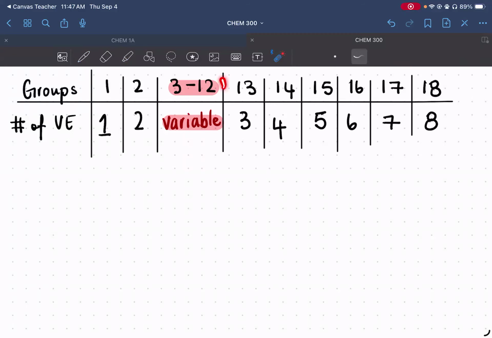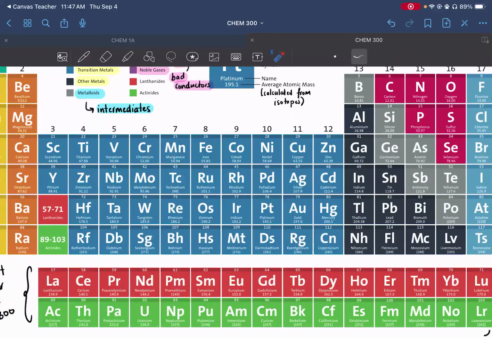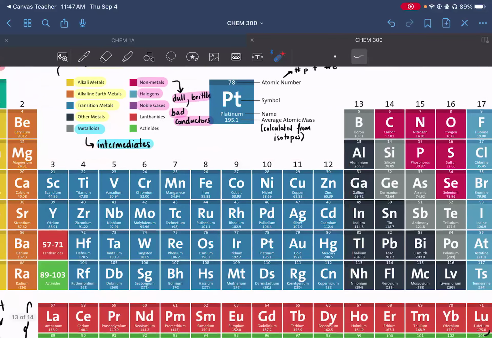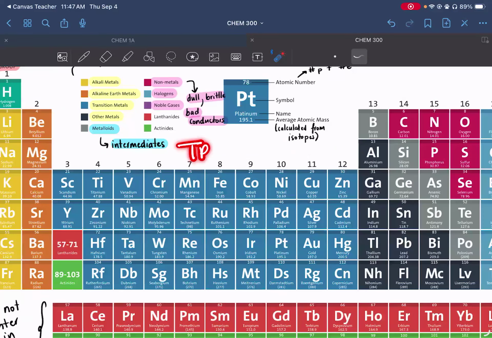Now let's talk a little bit about that groups 3 to 12, that variability. Looking back on the periodic table, that's that blue block right there in the middle. Looking at your color scheme over here, these are what are known as transition metals. Transition metals have very particular behavior.